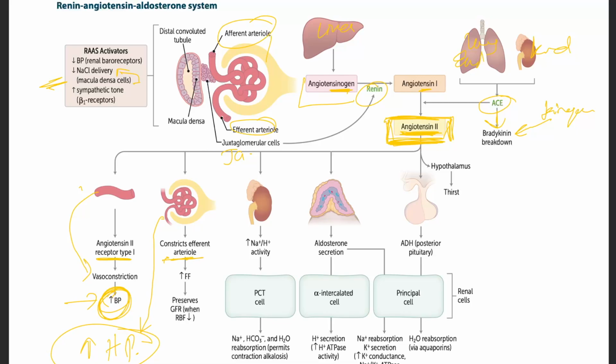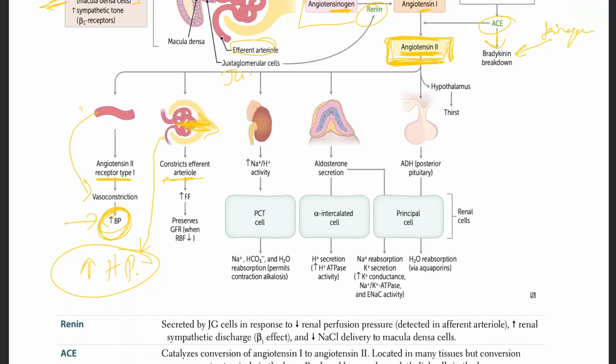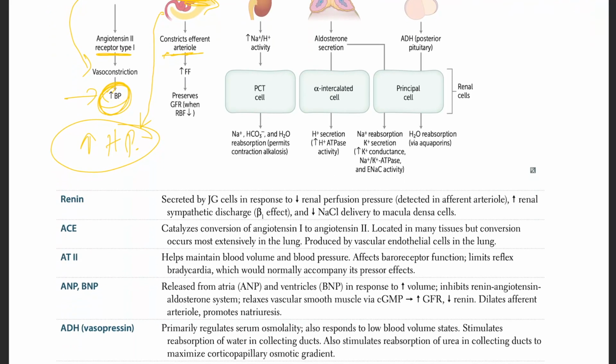When you increase the hydrostatic pressure, more and more fluid goes into the tubules to get filtered. If you remember from the last lecture, the filtration fraction equals GFR divided by renal plasma flow.